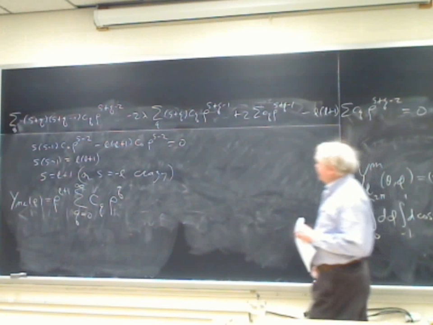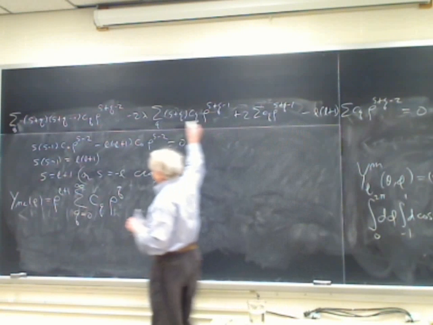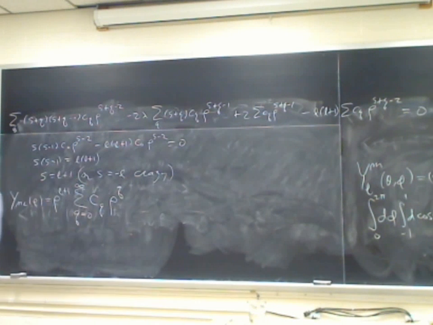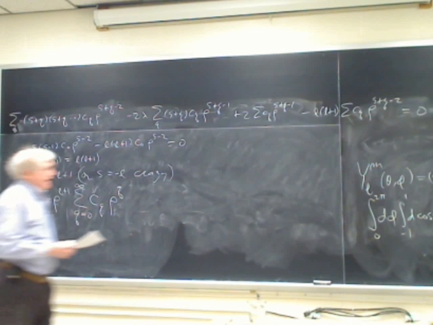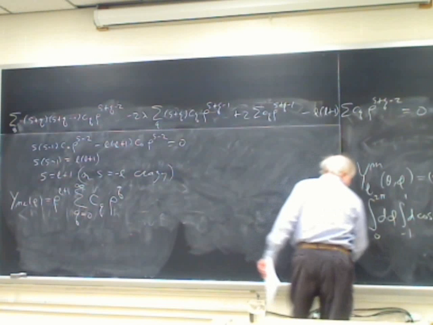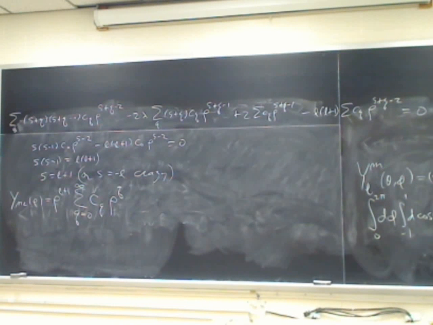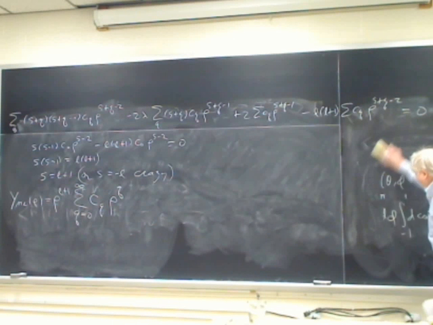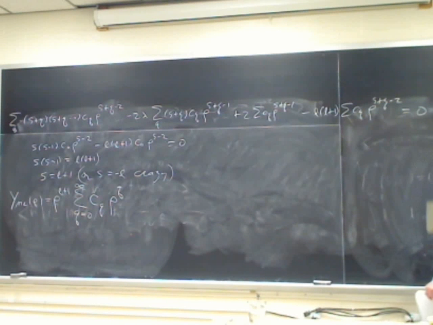Now, the next thing to do is to shift the indices in this equation so that the same power of rho occurs in every term. Once we've done that, we can set the coefficient of that common power of rho equal to 0, and that will give us a recursion relation, which will allow us to determine the whole power series. This is the whole strategy of Frobenius.